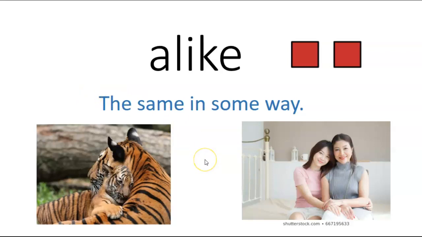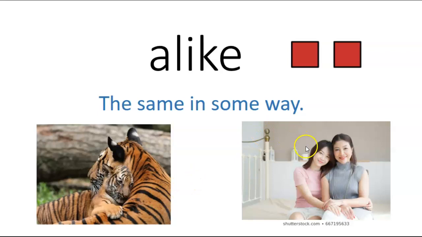As we can see in these pictures, these two tigers are the same in a lot of ways. They're both orange, they both have stripes, they both have big paws with claws, they both have whiskers. So in many ways they are alike.